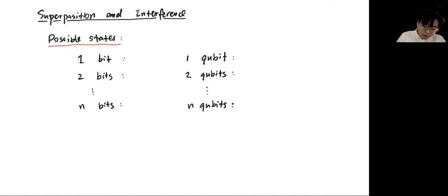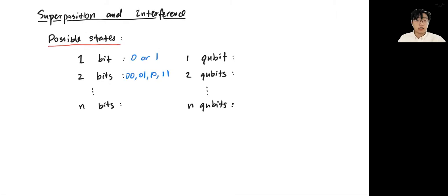I want to list the possible states in a bit or several bits, and then compare that with the possible states in a qubit and a number of qubits. For a single bit, we know it can be in a state of 0 or 1. For 2 bits, it's just 00, 01, 10, and 11.